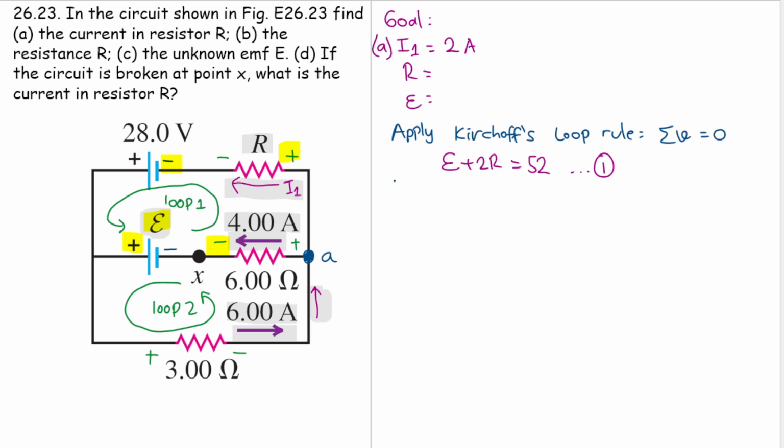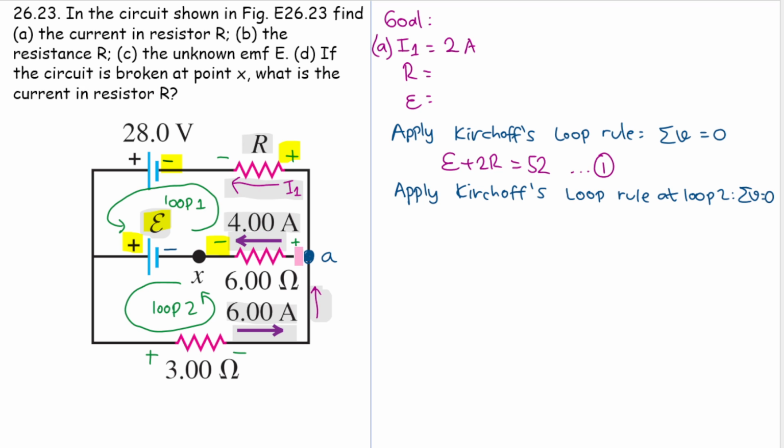Now let's apply another loop rule here, the Kirchhoff's loop rule, but in loop 2. Remember the Kirchhoff's loop rule said that the sum of the voltage will equal 0. Let's see what we can get from here.